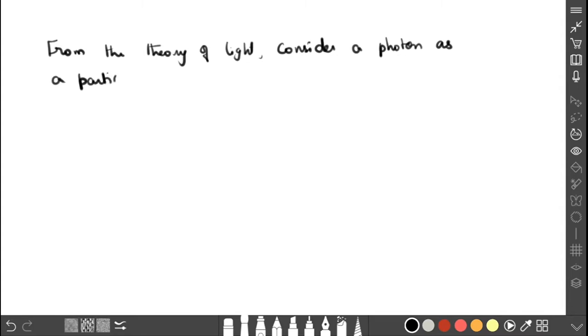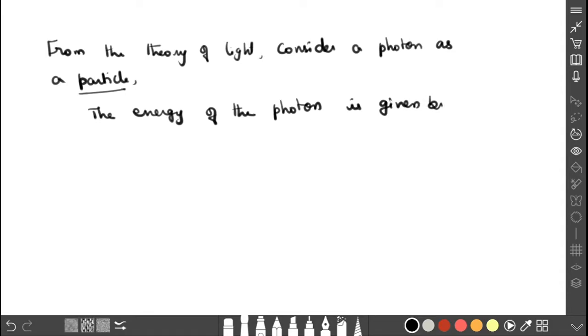According to the particle nature, the energy of the photon is given by E is equal to mc square. This I am considering as equation number 1.